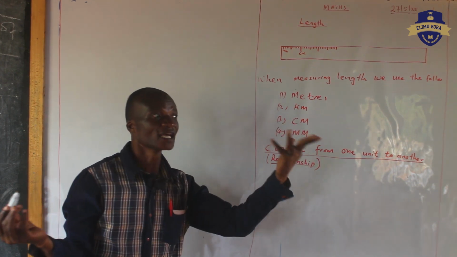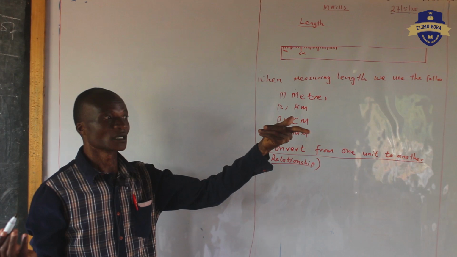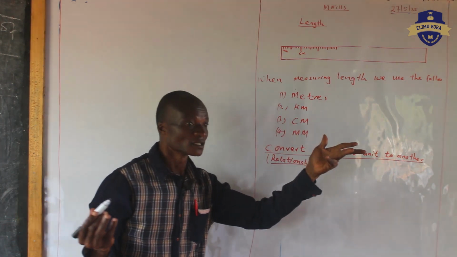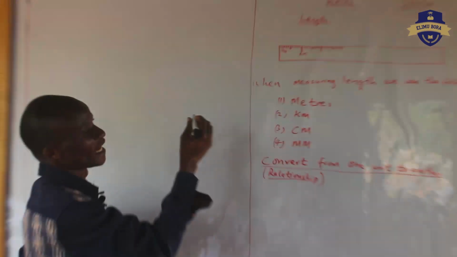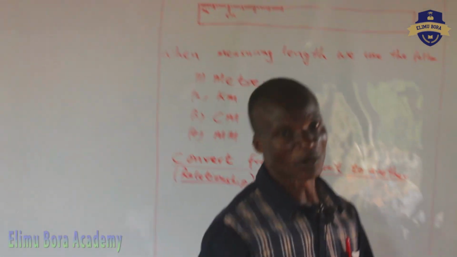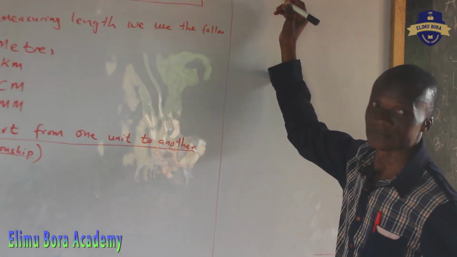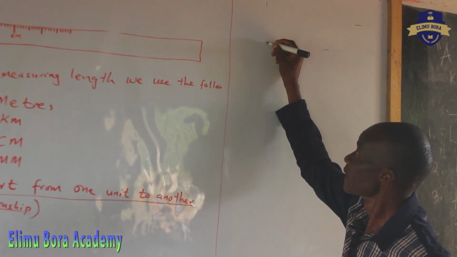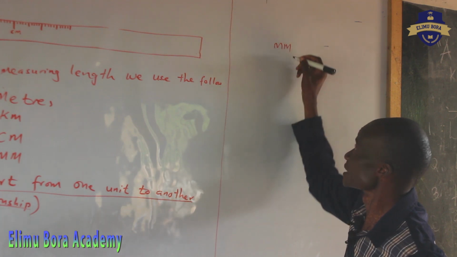Decimeter and others. So, which one is the smallest unit for measuring? So we are going to look at millimeter as our smallest.